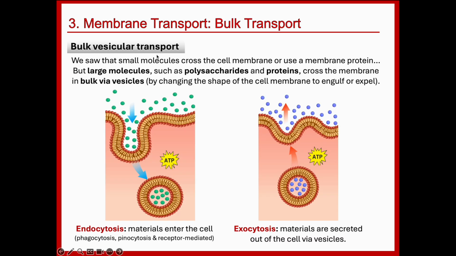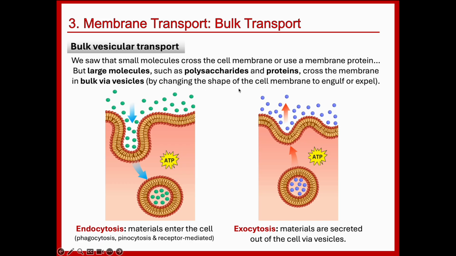Bulk vesicular transport means that we bring things over in bulk through vesicles. Vesicles, if you remember, are little vehicles that molecules can be in. We saw that small molecules cross the cell membrane using membrane proteins, but very large molecules like polysaccharides or proteins cross the membrane via bulk vesicular transport.